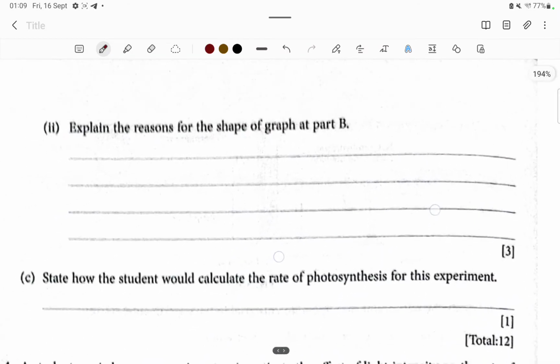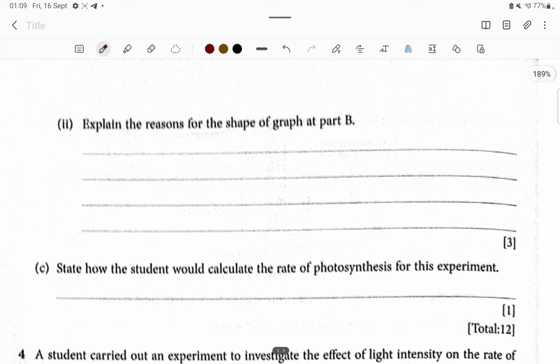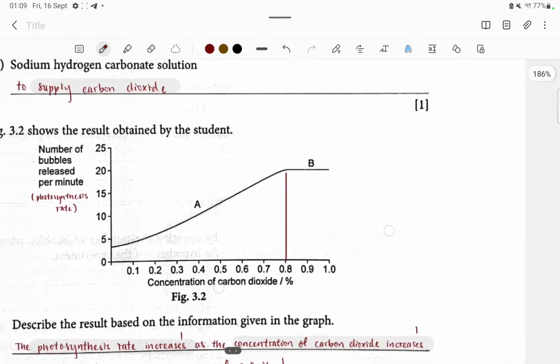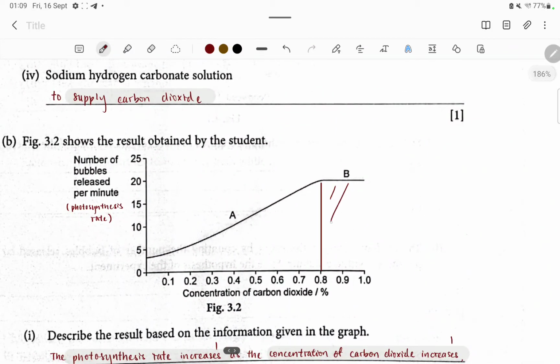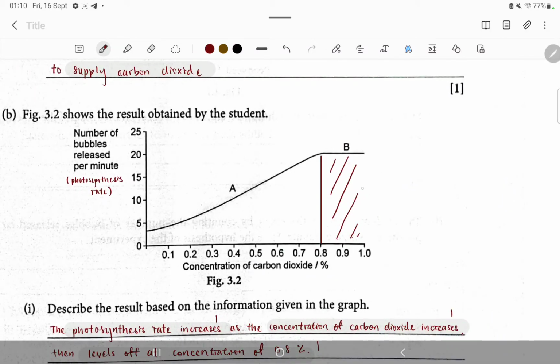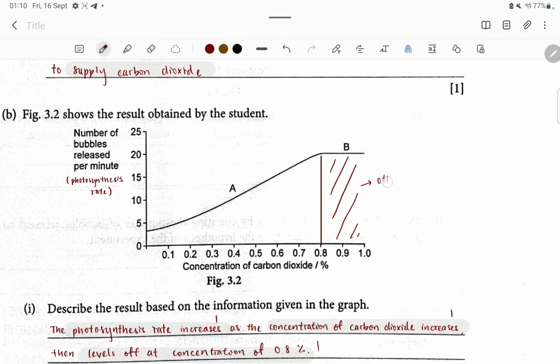Okay, so let's move on to B2. Explain the reasons for the shape of graph at part B. So let's look at part B. This part why is it remaining constant? Because there is other limiting factor.